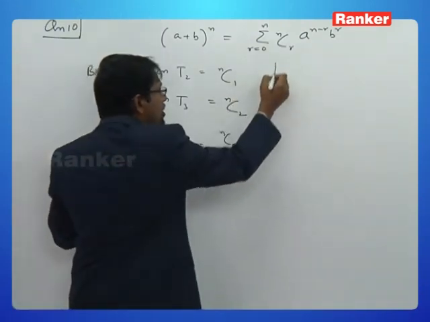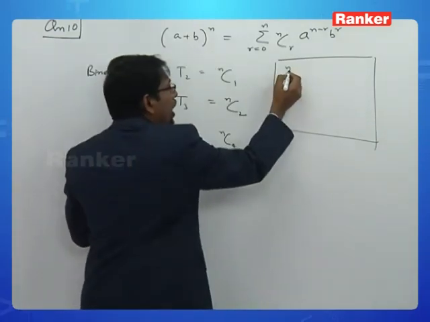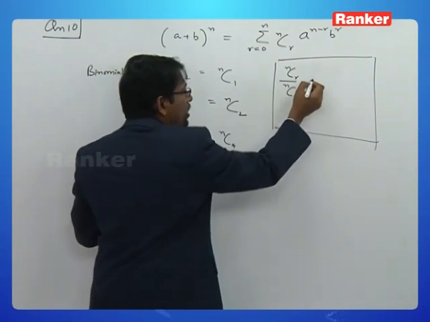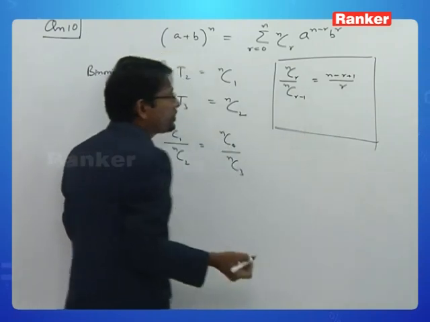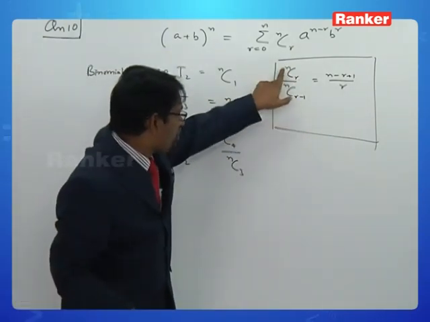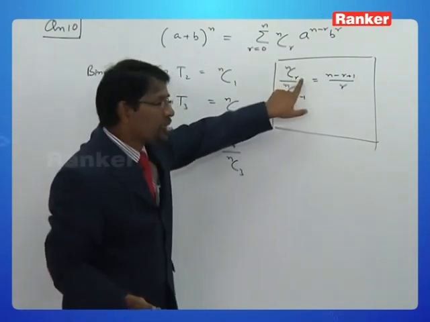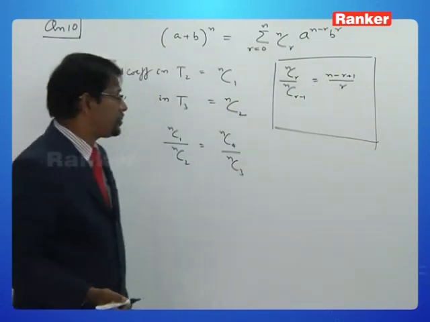Now let us keep one thing in mind. We have a small result: nCr by nC(r-1) is equal to (n - r + 1) by r. So whenever the superscripts are the same and the subscripts differ by 1, the numerator subscript is 1 more than the denominator subscript, and we have this form.